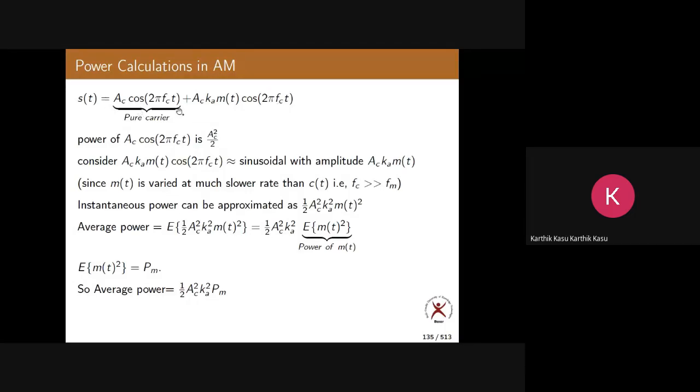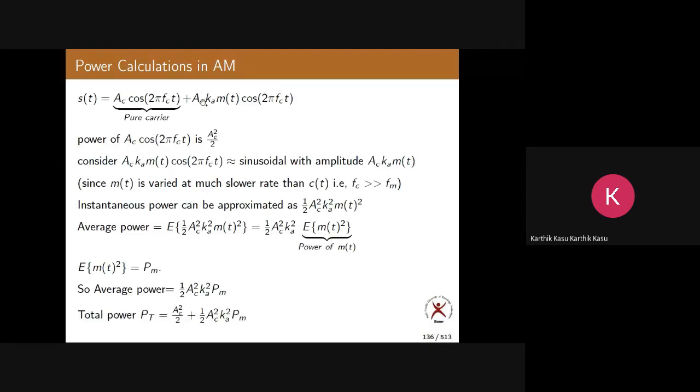So what you are saying is that for longer distances, you can do with this also. See, here also there is a carrier, please remember, AC cos 2 pi f ct. That is also a carrier, but it is multiplied with M of t. So your longer distance concept will be served by this term also. It is also enough.